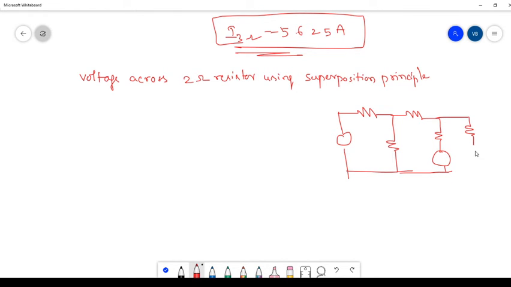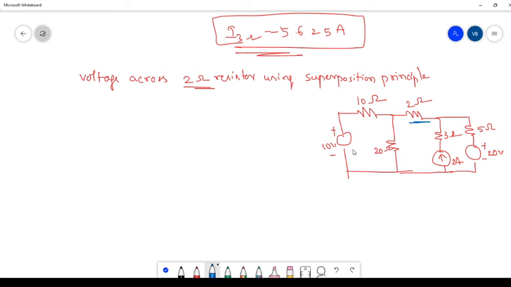This is 10 ohms, this is the 10 volts voltage source, this is 20 ohms, 2 ohms, 3 ohms, a 2 amperes current source, a 20 volts voltage source, and this is 5 ohms. So this is the network. We need to calculate the voltage across the 2 ohms resistor.